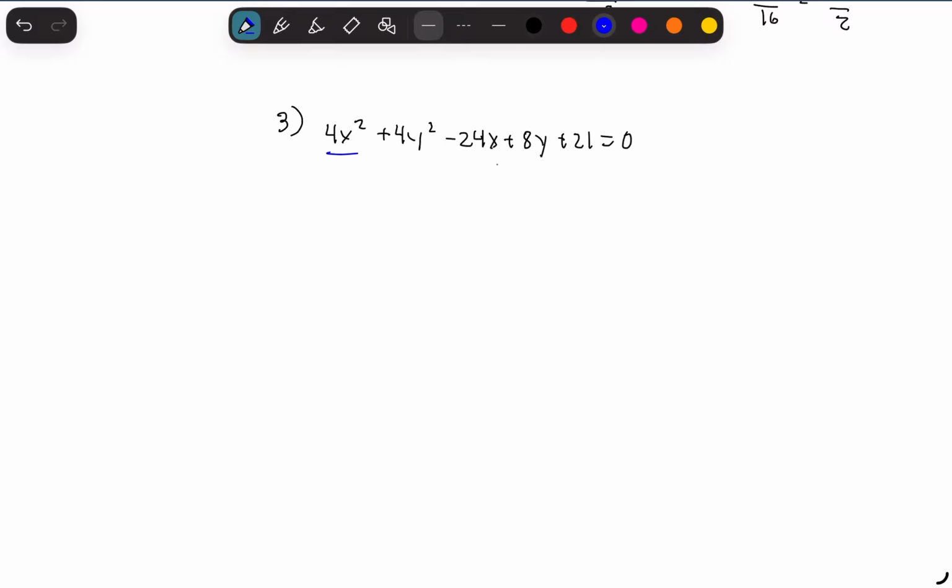Now, for another question, we have, I'm going to group our terms. And we're going to subtract 21. Now we're going to pull out a common factor of 4 out of everything.